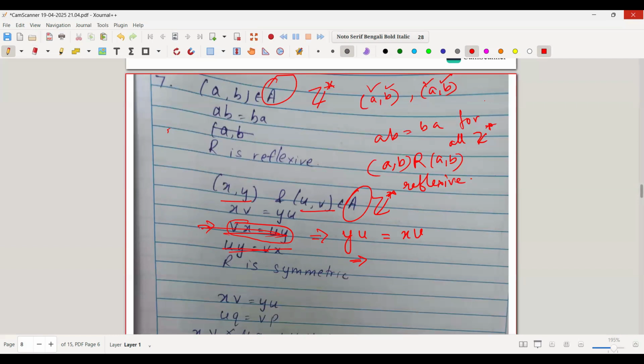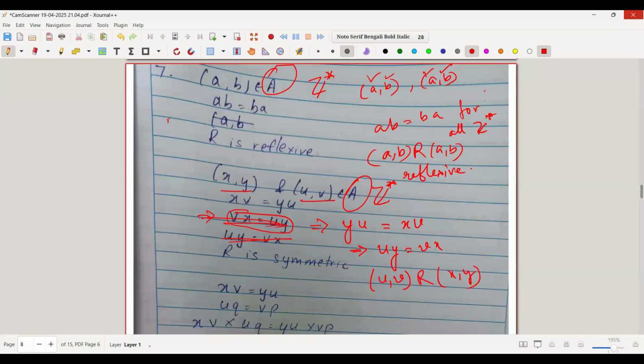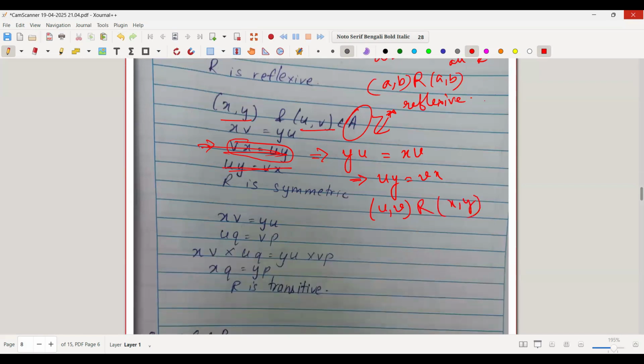Next, uy equal to vx. So write this: (u, v) related to (x, y), and hence it is symmetric. R is symmetric.